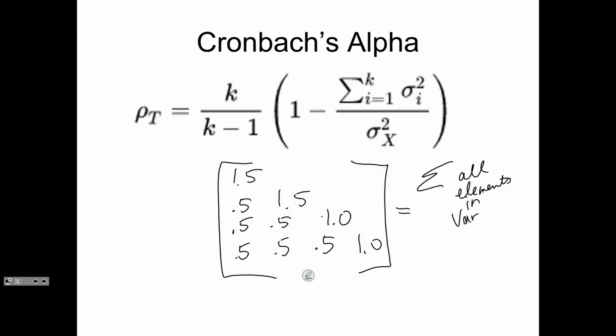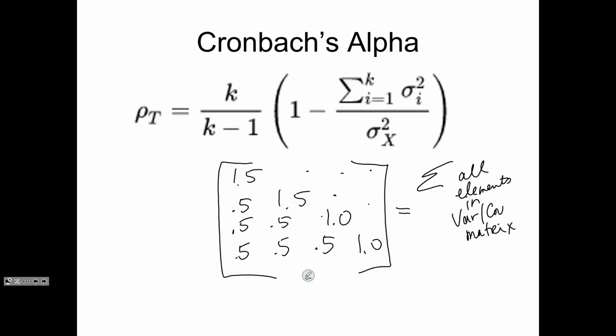in the variance-covariance matrix. How do I get the sum of all the elements? Well, I need to actually take both sides of the diagonal. So when I say the sum of all the elements, I literally mean the whole square.